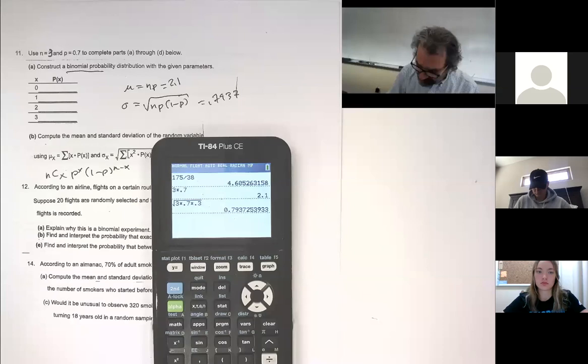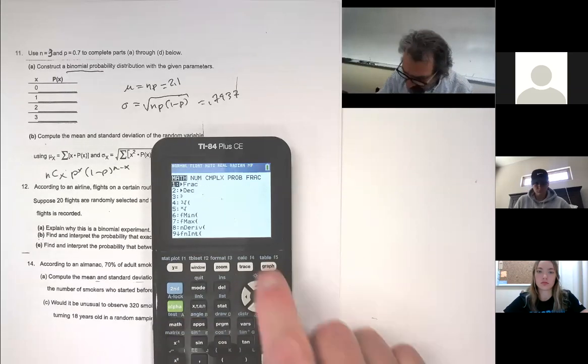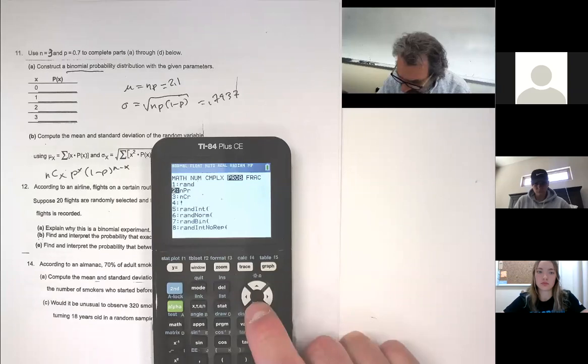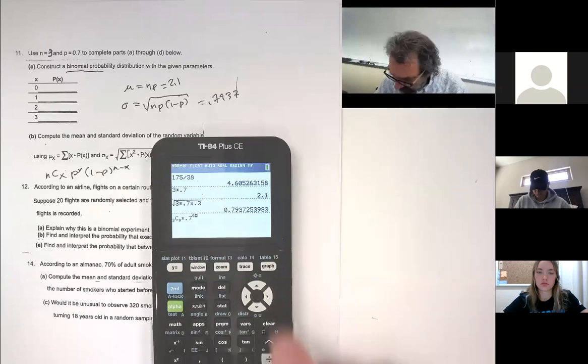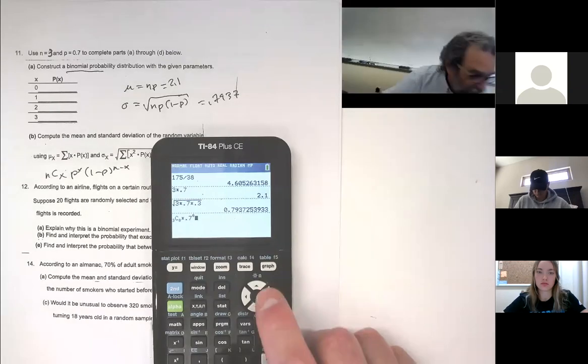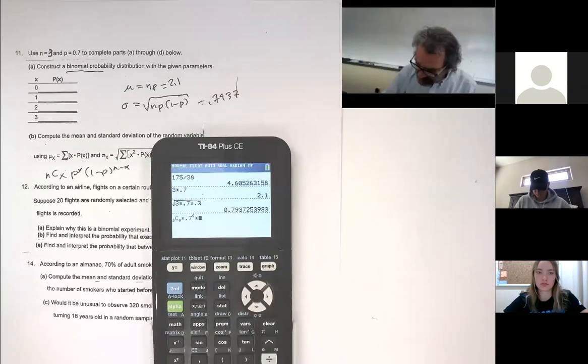We'll just start doing the computation. So N is 3. Go math, prob, down to NCR, 3. Oh, I want to put 0 there. Okay, back up, 0. Then I come over, and then it's times the P, 0.7 to the 0, and then times 1 minus P, 0.3 to the rest.